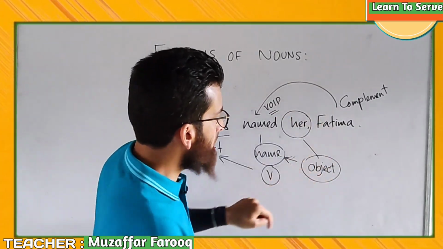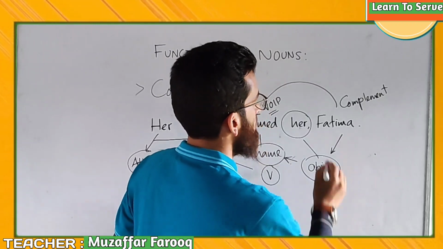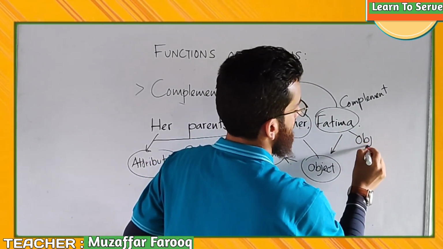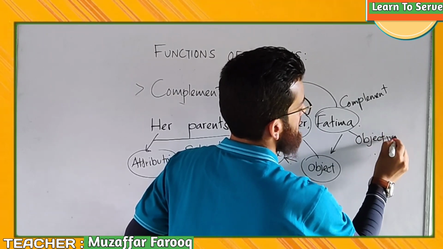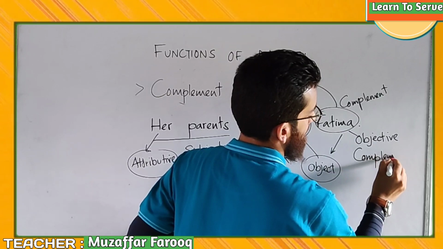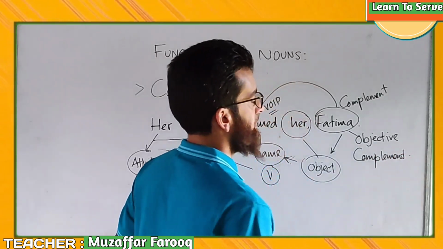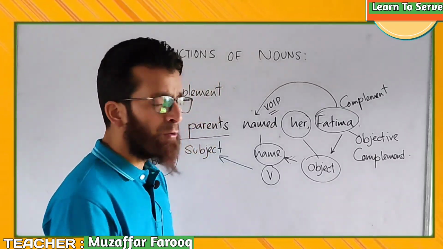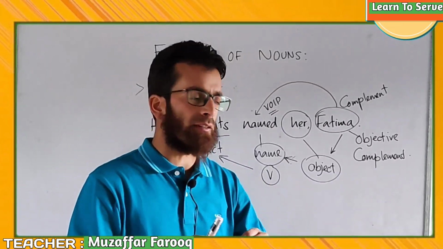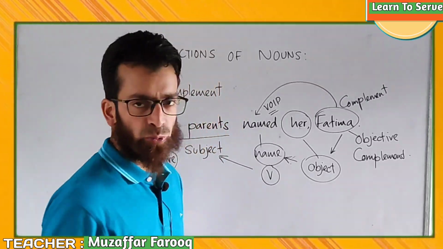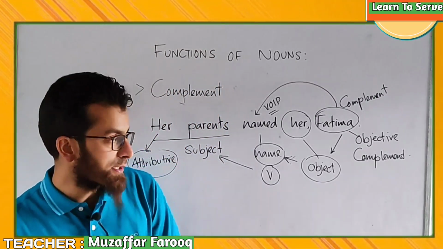It defines the object. So Fatima becomes an objective complement. Okay, I hope this is clear. If you have any doubt, any confusion regarding this, you can drop your question in the comment section. You are most welcome. Okay, let's move ahead.